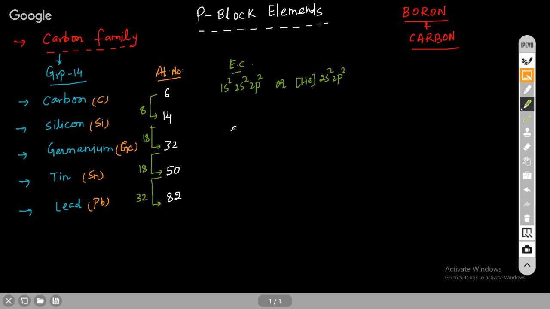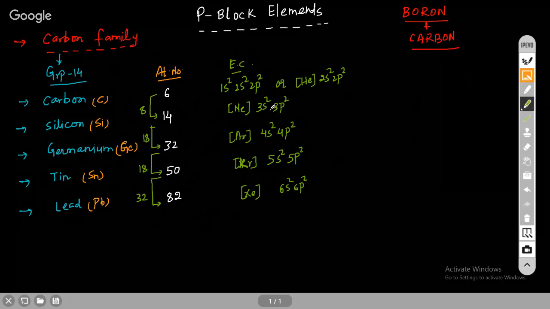Then the electronic configuration of silicon is neon 3s2 3p2, argon 4s2 4p2, krypton 5s2 5p2, and in the last xenon 6s2 6p2.